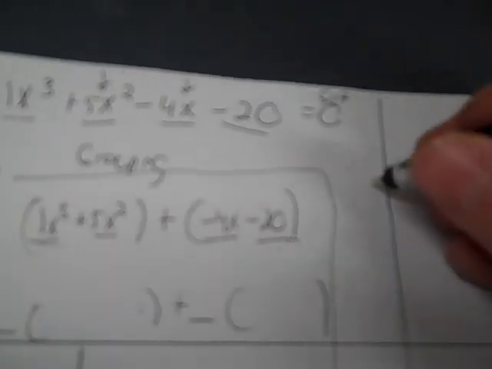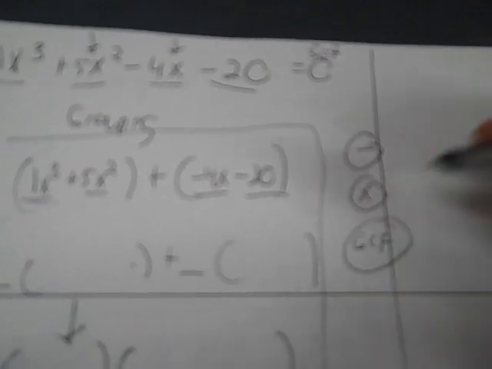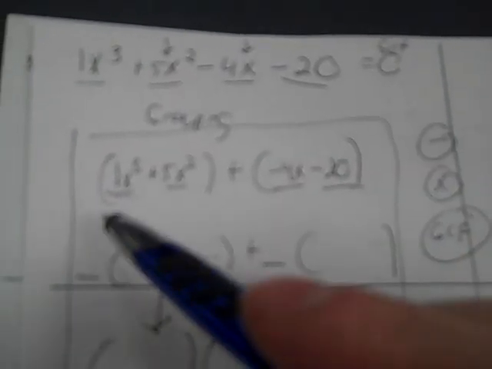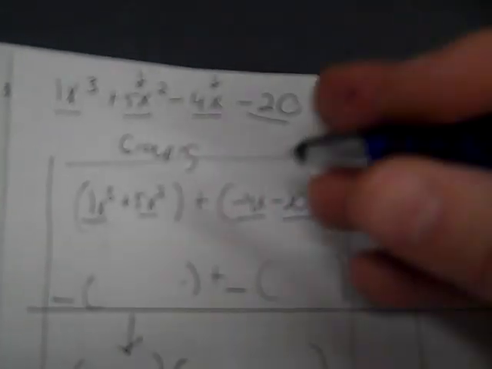Okay, remember when we're looking what to divide by, it's just like how you do the GCF. You check for negative, you check for x, and you check for the GCF itself. So that is not negative, so no negatives under the lines here. This is negative, so I put negative, negative. And then x.